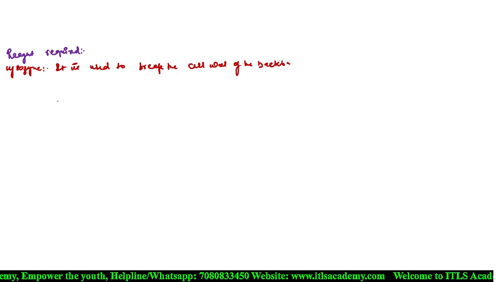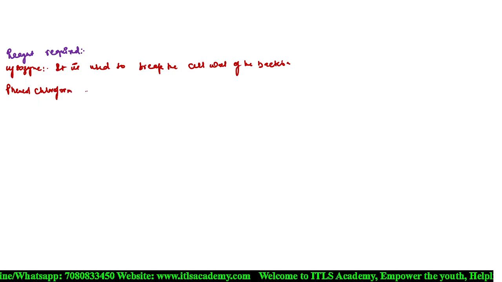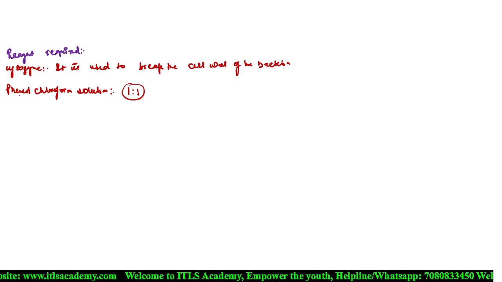Then after that, we require phenol chloroform solution. This solution is required in a 1:1 ratio, which means that if we require 1 ml of the phenol, then we require 1 ml of the chloroform. It is used to remove the protein and carbohydrate.